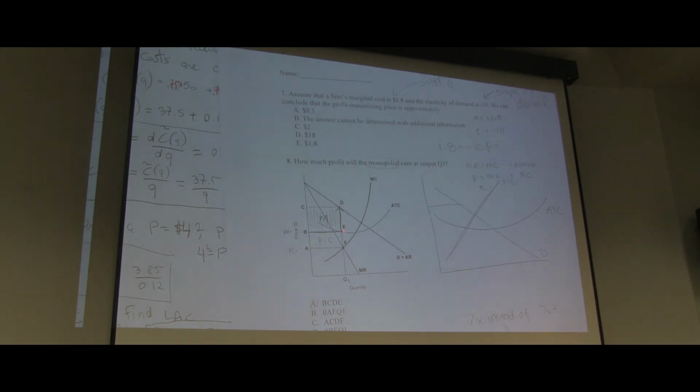It is given by point E, so that gives you a cost of B. So per unit revenue of C, per unit cost of B, C minus B is the per unit profit. This distance is the quantity, so this whole area that is already shaded, thank you, is the monopoly profits. So that is the area CDEB. Okay?